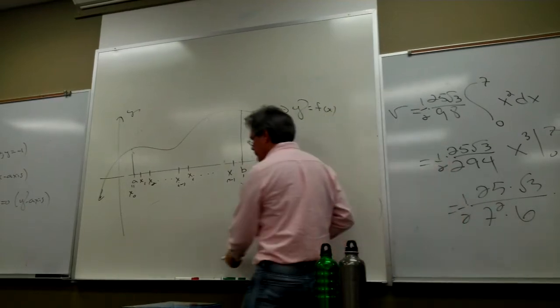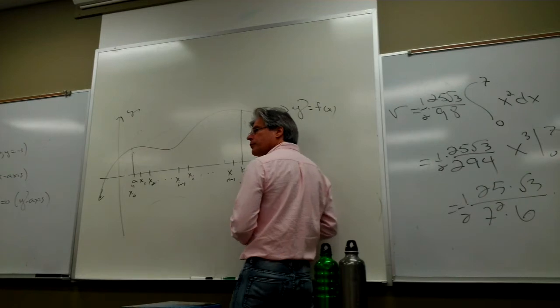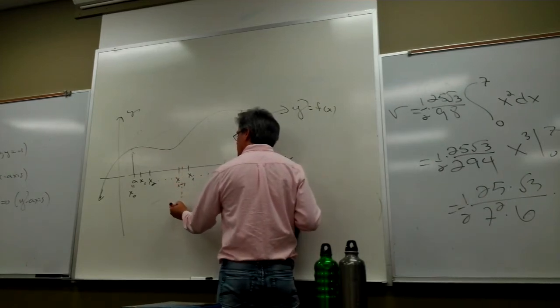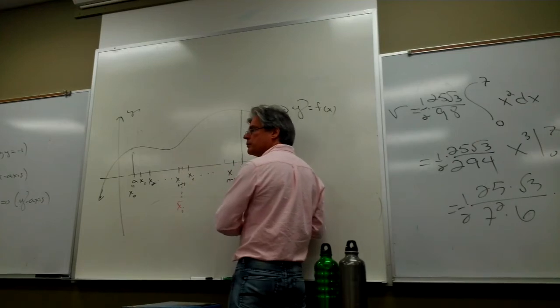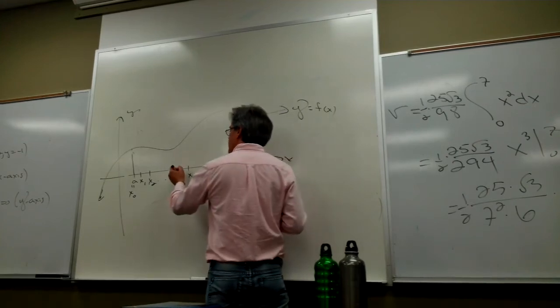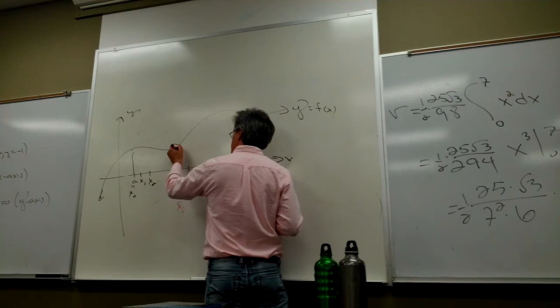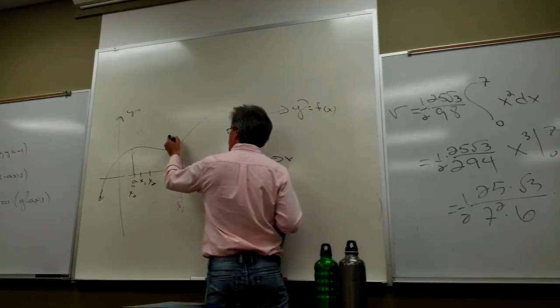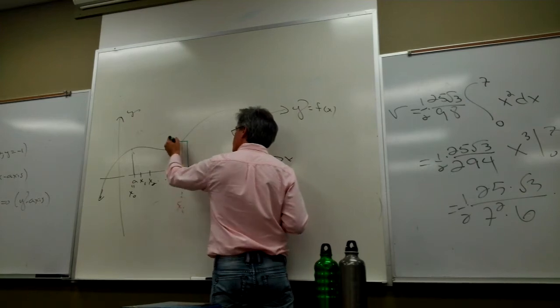Now I maintain that over the i-th subinterval, if you guys allow me to choose an arbitrary value of x, let me call it x sub i with a bar over it, I'll use that x value to go straight up to my curve. Use that to determine the vertical height of an approximating rectangle.